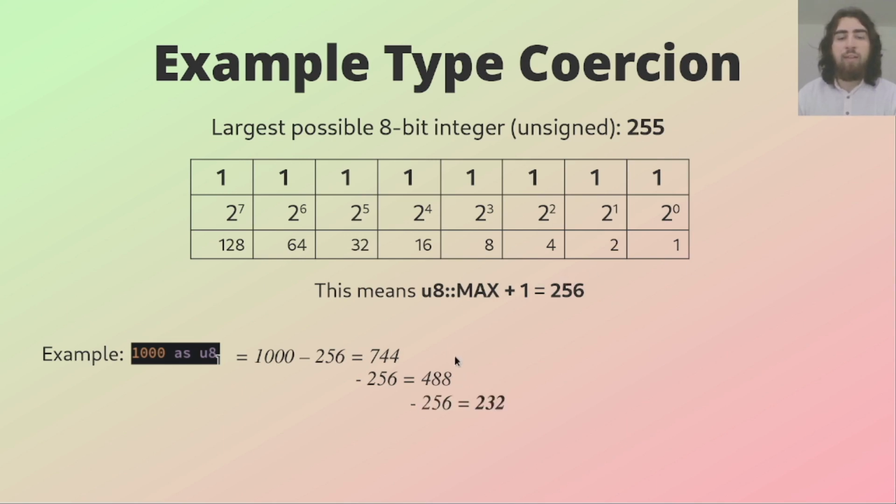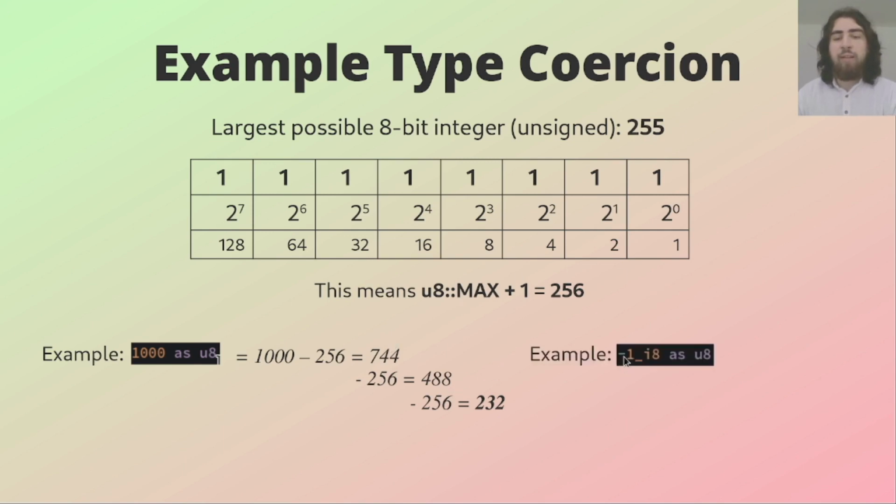So again, the same thing, it will subtract 256 and this will leave us with 232, meaning this will then be the returned value when we cast 1000 as u8. Because remember, an 8-bit unsigned integer can't represent 1000, it's out of bounds.